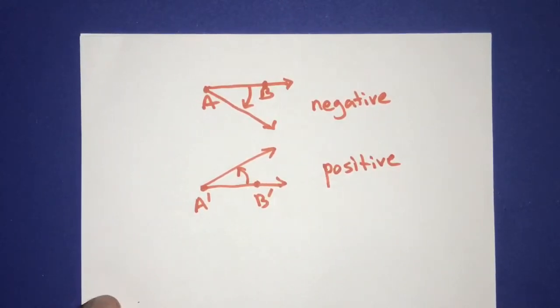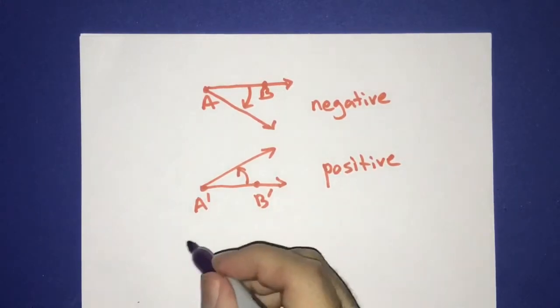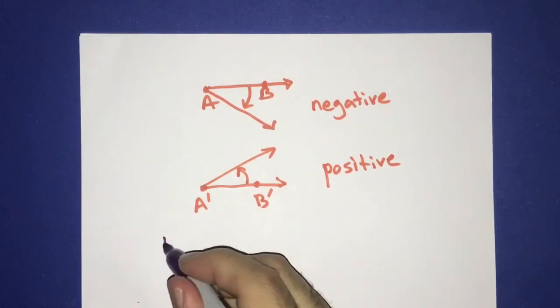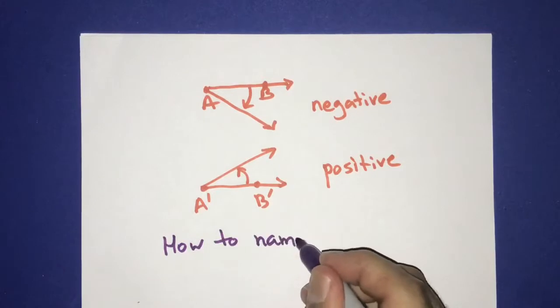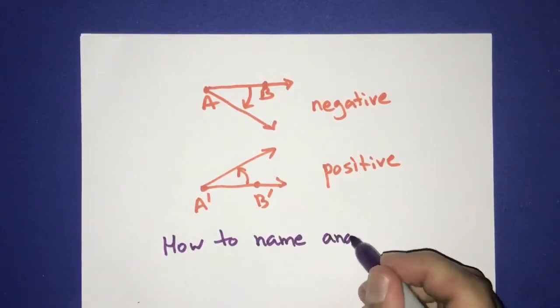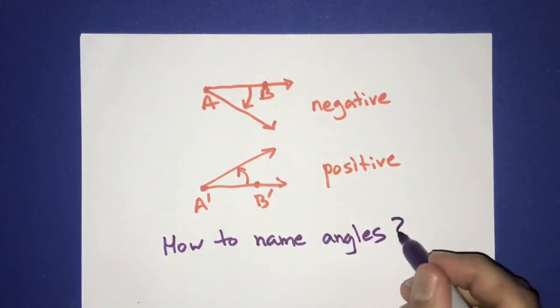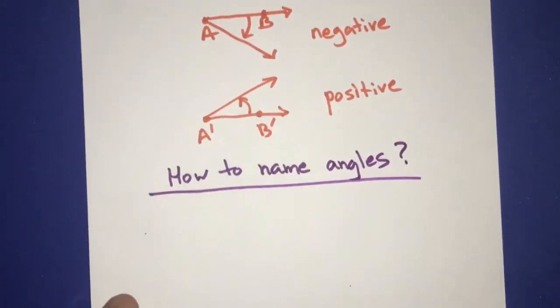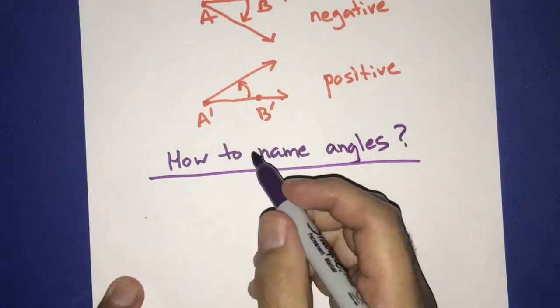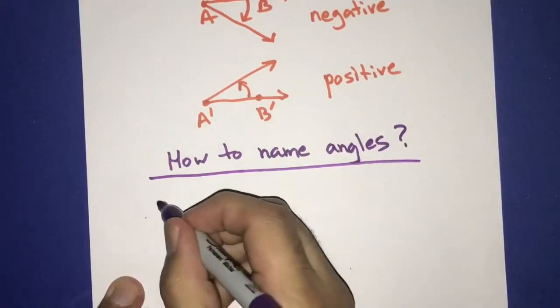Now, how do we name our angles? Okay. So how to name angles. Well, there's a few ways we can do this by convention. We can use the name of its vertex.